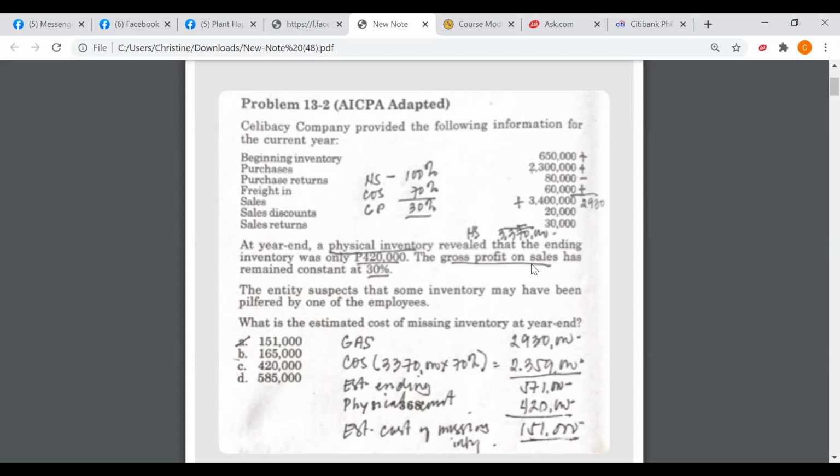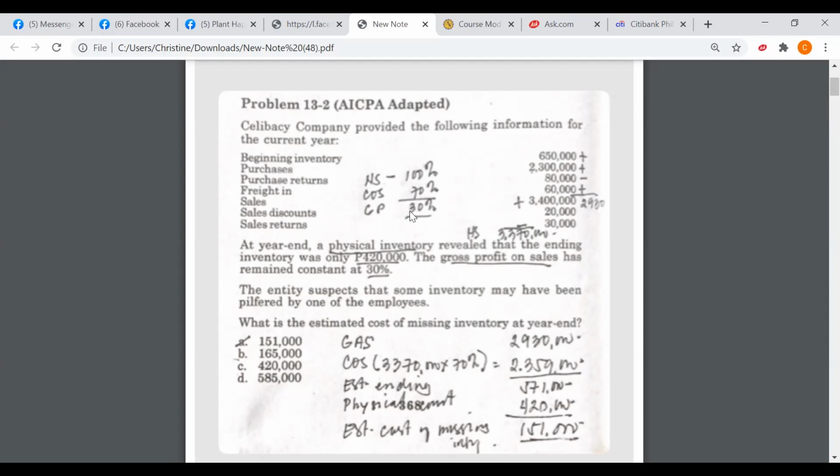It is stated that it is on sales. So if it is on sales, then our net sales must be the 100%. Our gross profit is given, so therefore, we will assume that our COS rate must be 70%.